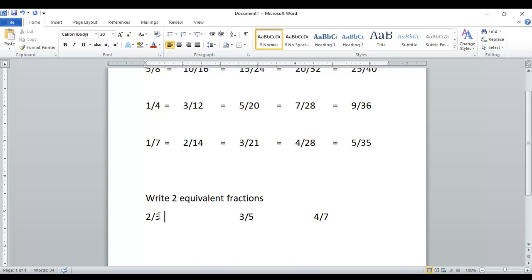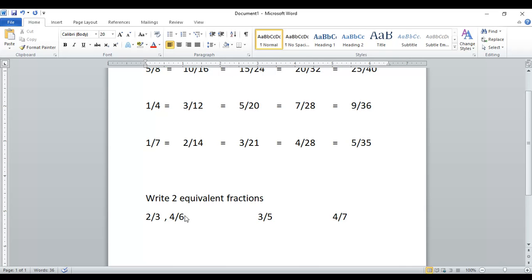So 2/3, I don't want to multiply by 1 because when I multiply them by 1, I'm going to end up with 2/3. So I'm going to start with 2. I'm going to multiply numerator and denominator by 2, and I'm going to end up with 4/6. 2 times 2 is 4. 3 times 2 is 6. So that is 1 equivalent fraction for 2/3.